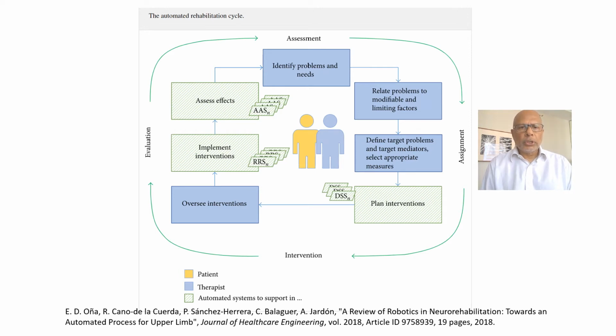It can also help with the decision support system to plan the intervention based on the evaluations obtained through the robot. This diagram explains how, especially in neurorehabilitation, robotics have a significant component to help automate the process.